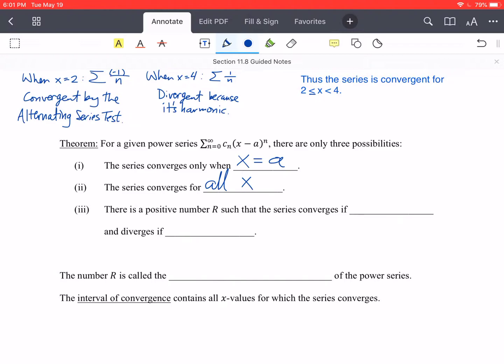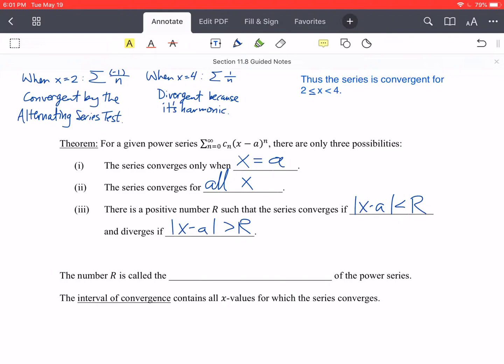Or the third option is kind of that in between, or there is a positive number r such that the series converges if the absolute value of x minus a is less than r, and diverges if the absolute value of x minus a is greater than r. Okay, now when we say absolute value of x minus a, that represents the distance between x and a. So if the distance between x and a is less than r, it converges.